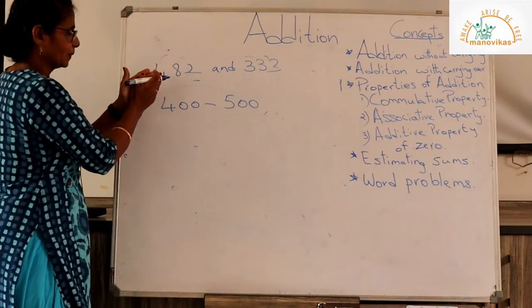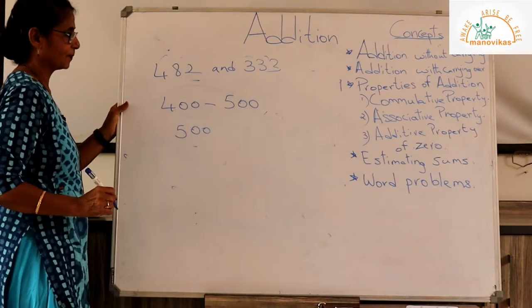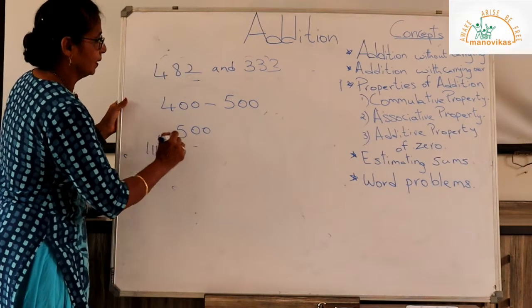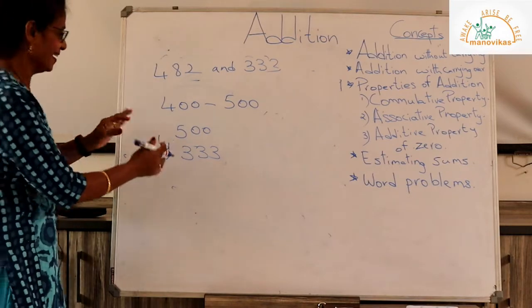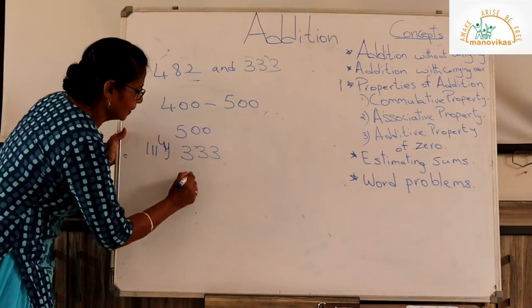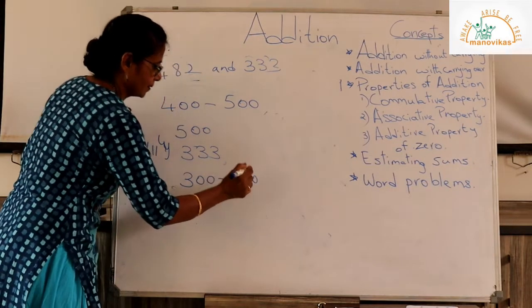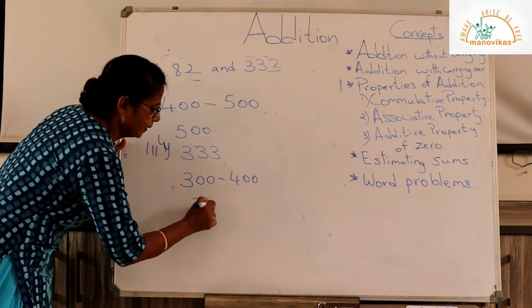Since it is closer to 500, we take the estimate as 500. Similarly, we take the number 333. Here we see that this number is between 300 and 400. It is closer to 300, so we take it as 300.